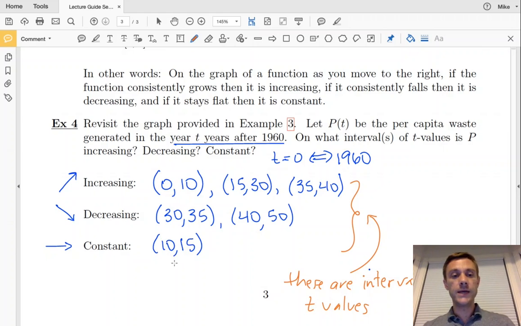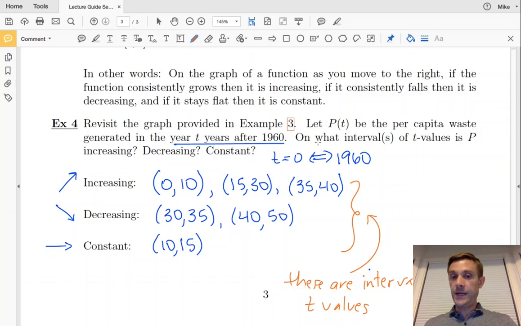And one way you can track that and make sense of it is maybe that the increasing, decreasing, and constant component of this is already telling us what the outputs are doing. It's already saying go uphill or go downhill or stay flat. It's just our job to say, where does that happen in this function? And that's what input variables are all about. They tell us where the address is that we can find that behavior in the output.